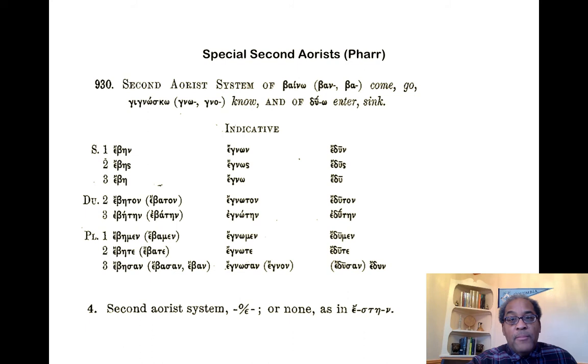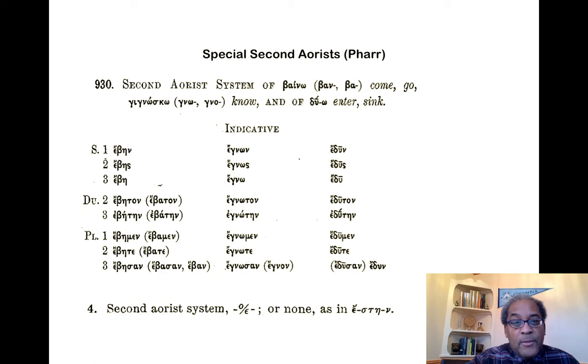So I promised that we would see, and Pharr presents here, these special second aorists, where, looking at the bottom, you see that instead of having the omicron epsilon thematic vowel preceding the endings, you have nothing preceding the endings, but simply the endings themselves.